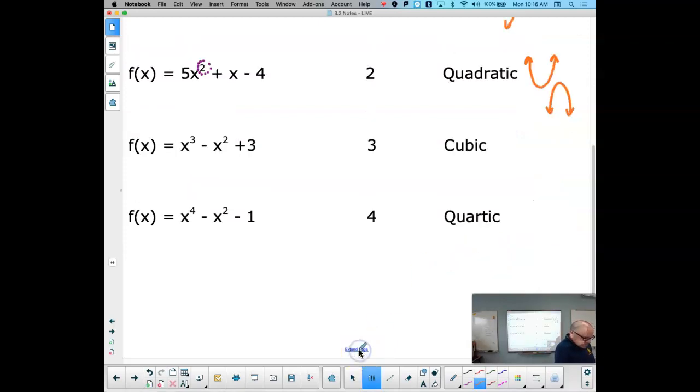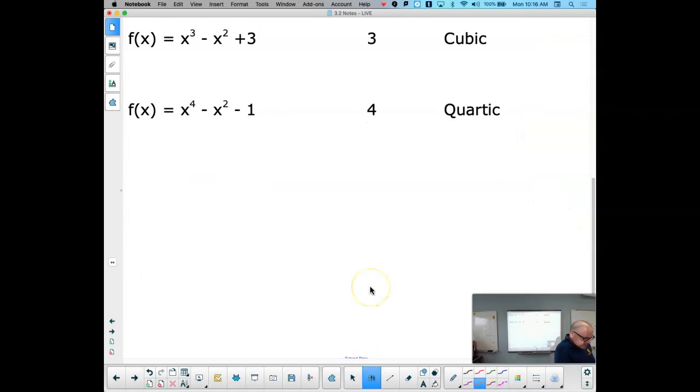Next two, I'm going to just move them up here a little bit. Cubics and quartics. Again, the degree is based off of the biggest exponent, so the degree there would be 3. That would be a cubic function. With a positive lead coefficient, we'd have a little bit of a hump in there, depending on how it looks. Actually, that's a little too flat. Exaggerated hump in there. There you go. Left is always going to be positive lead coefficient.